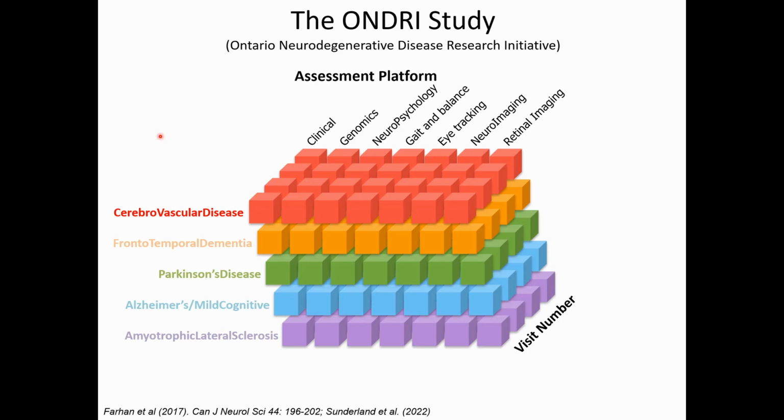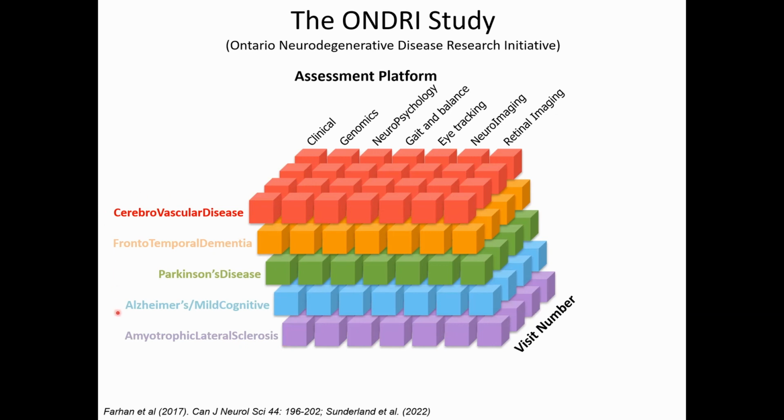The initial leader of this program was actually Mike Strong, who led it the first 5 years. And then 5 years ago, I picked up as a co-lead of this with two neurologists from Sunnybrook, Mario Masalis and Rick Schwartz. And effectively what this study is, we recruited a total of 520 patients with different neurodegenerative diseases.